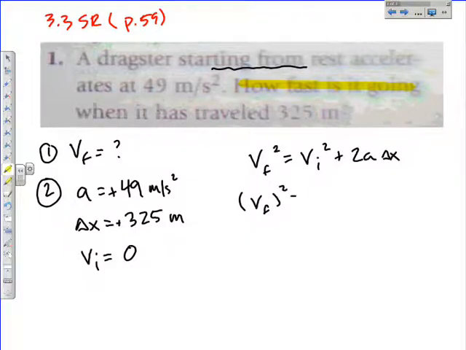If you want to hit pause and do it on your own, that might be a good idea, but if not, you can just watch. A lot of times when I'm working through problems as examples, I won't carry my units necessarily, so don't be alarmed if I'm doing that.